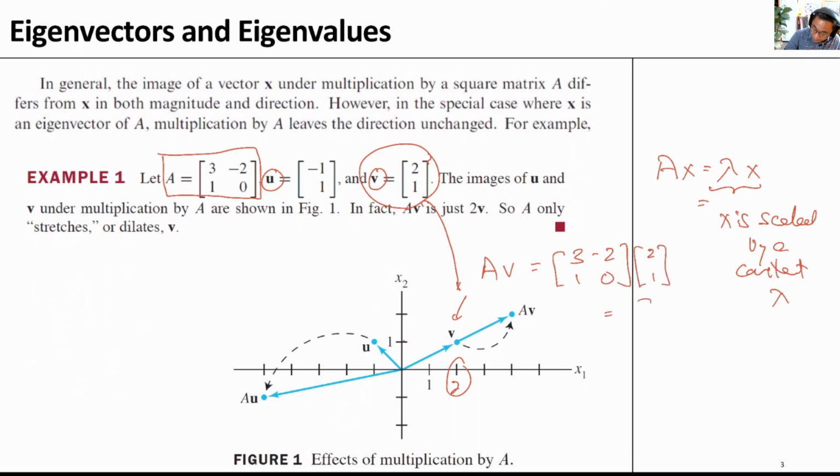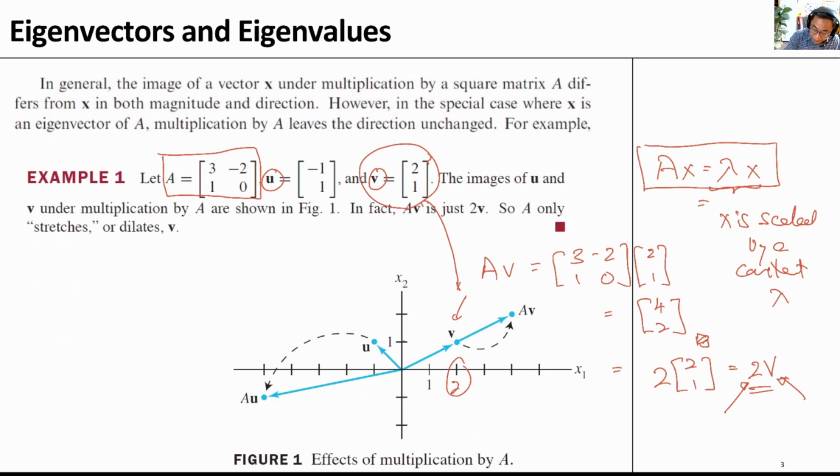You can work it out, and the answer is 4, 2. Now, 4, 2 is nothing but 2 multiplied by the original vector 2, 1, or 2V. If you now compare this equation with the definition of eigenvector and eigenvalue, you realize that V is an eigenvector. The corresponding eigenvalue is 2.